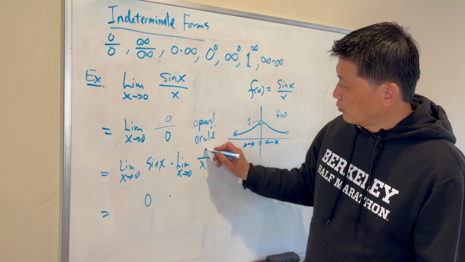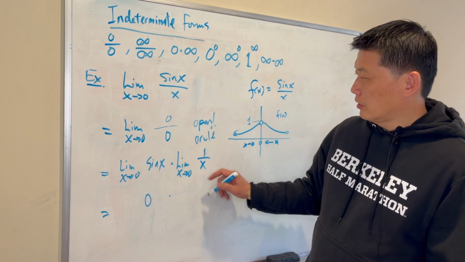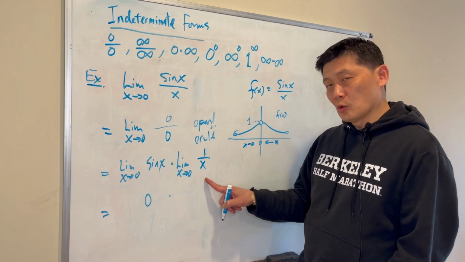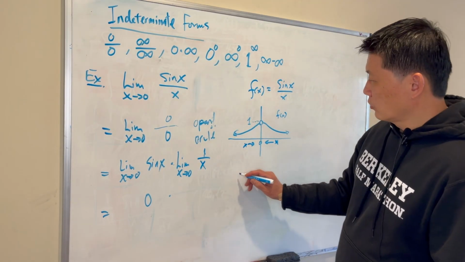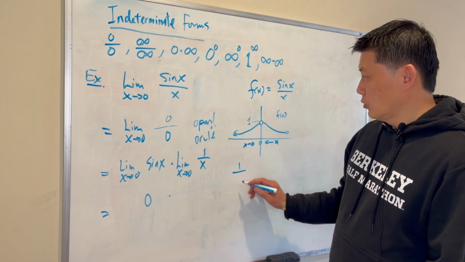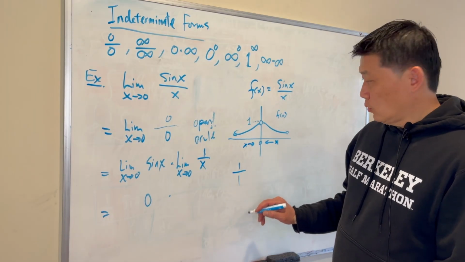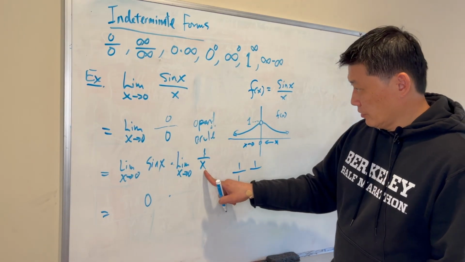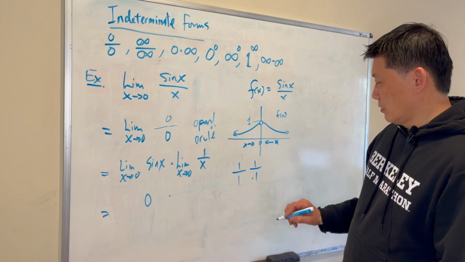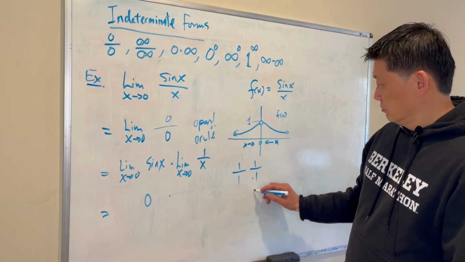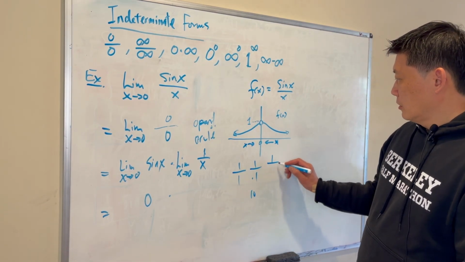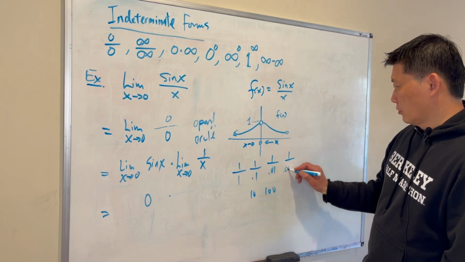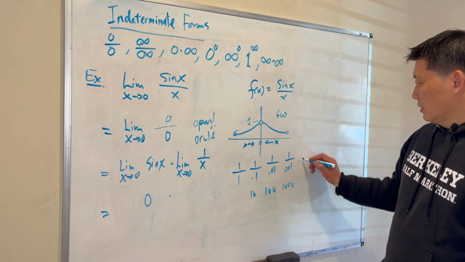When you have 1 over x as x approaches 0, you end up with 1 over something that gets smaller, smaller, smaller. Think of it this way. 1 over 1 is 1. 1 over 0.1 is 10. 1 over 0.01 is 100. 1 over 0.001 is 1000, and so on and so forth.